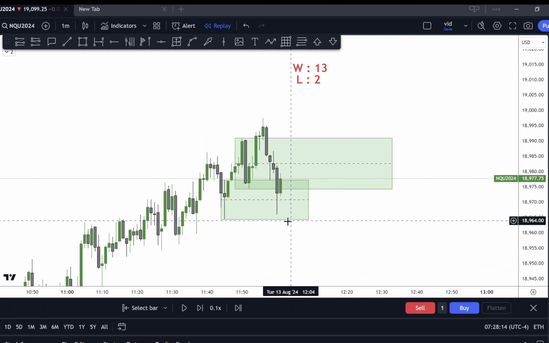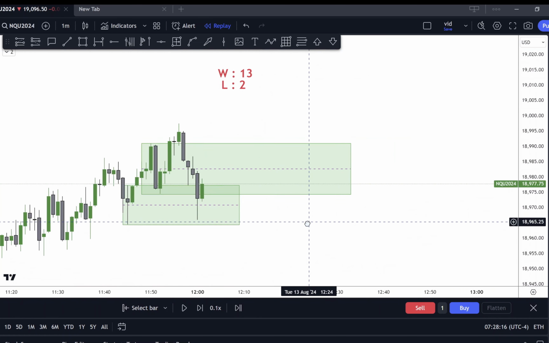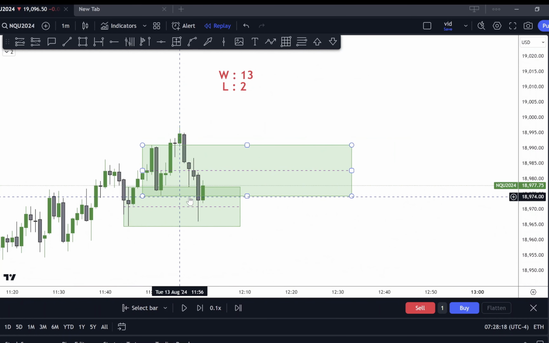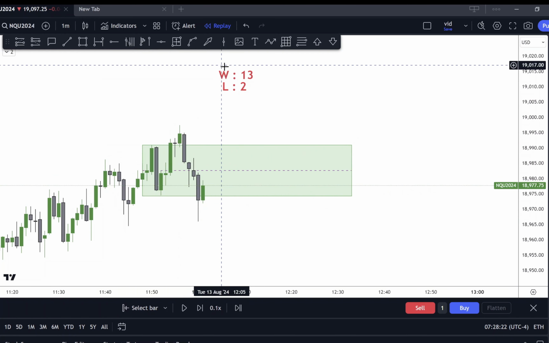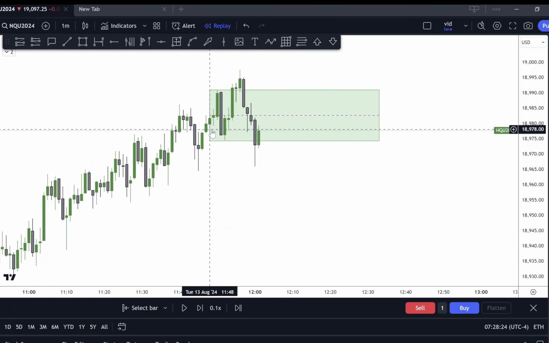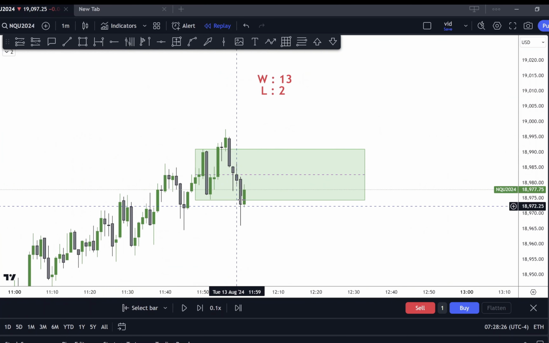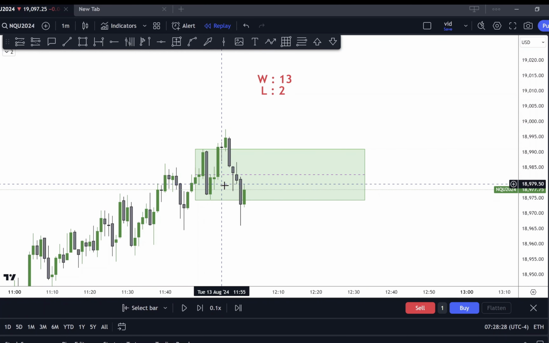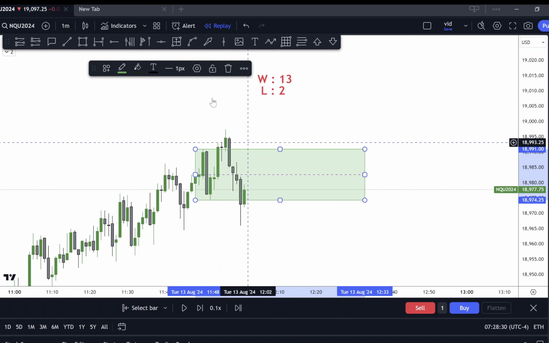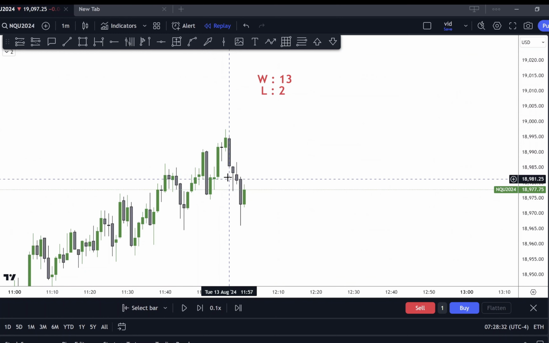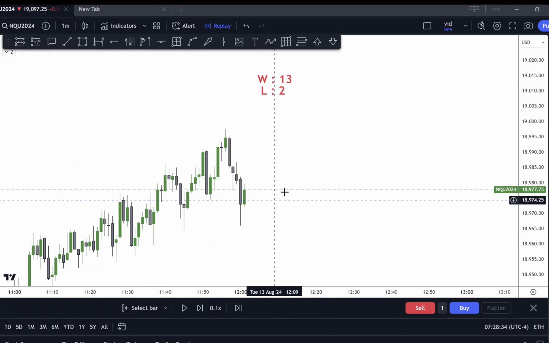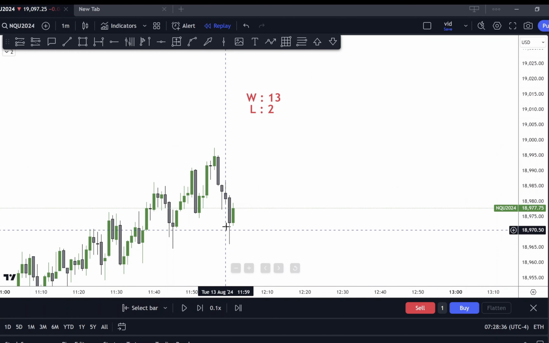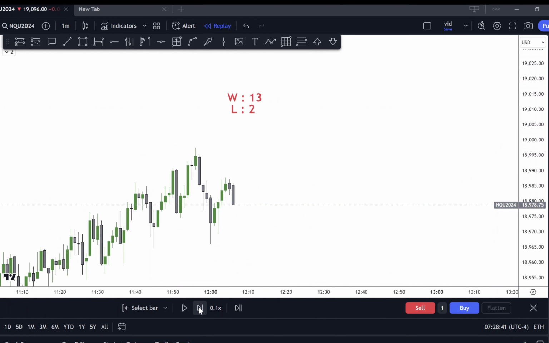But now, the most important thing that happened here is that we closed under a valid protected low, okay? So when you count your swings, when we close under a valid protected low, the swings reset, right? So it's a higher time frame pullback, and by design, the swing count is reset here, okay?